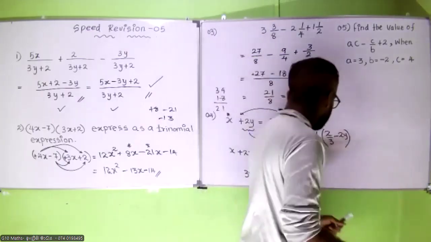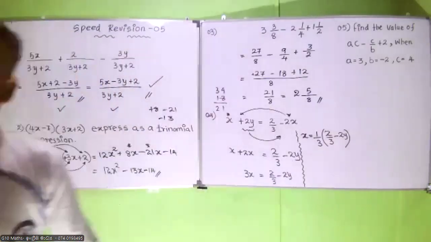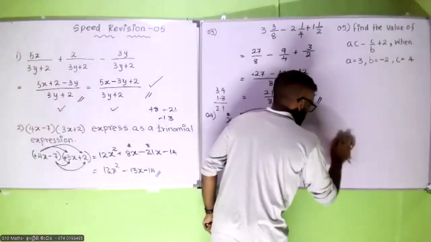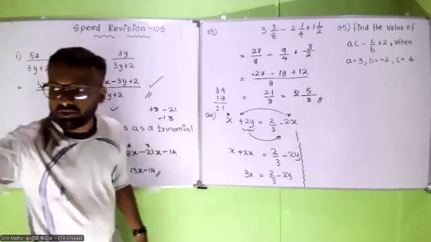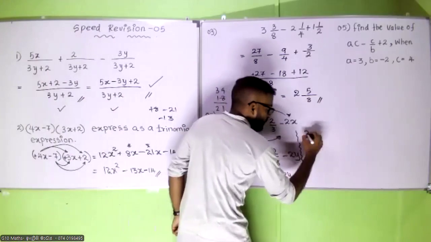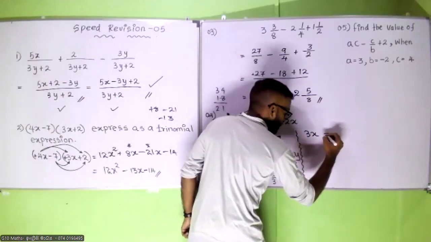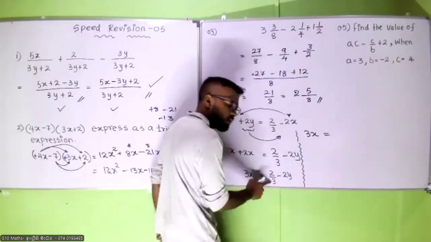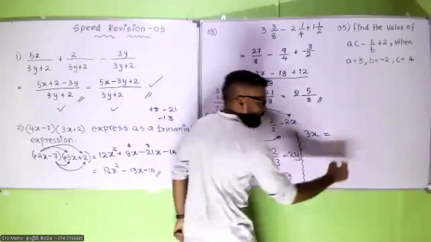Now, if you cannot understand this, I will show you this. I think you guys can understand this one, but so here you have 3x equals now 2 upon 3 minus 2y. Common denominator is 3, eh?